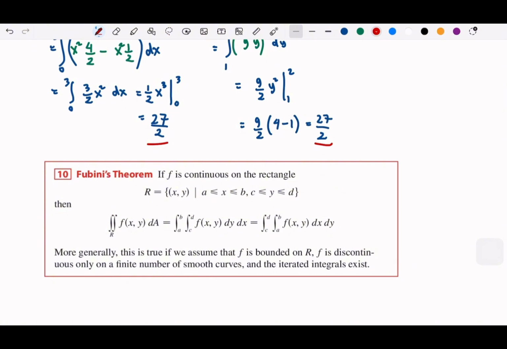So the double integral expressions over a, b, c, d or c, d, a, b are the same. So you change the order of the integration, the result is the same. This is valid if the endpoints are all constant, like a rectangle.